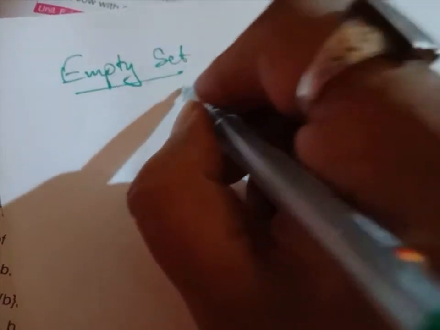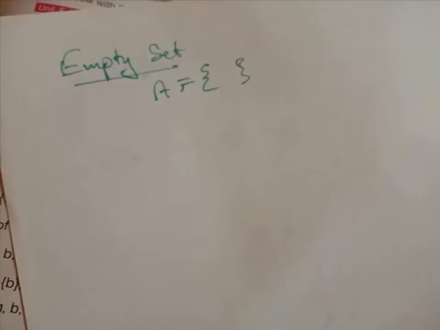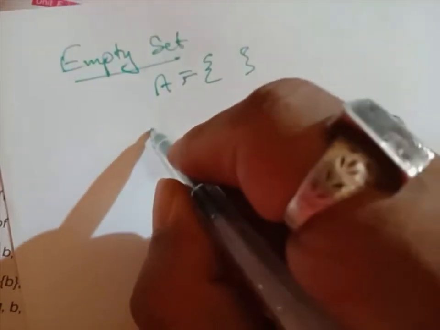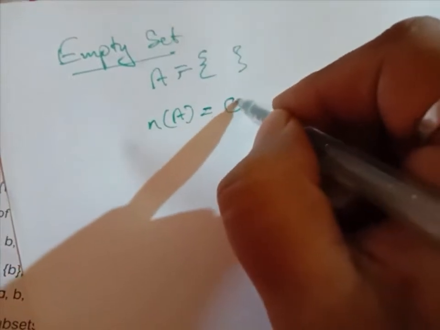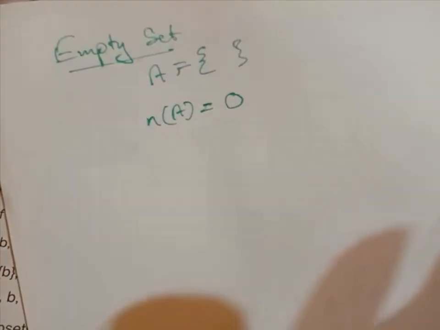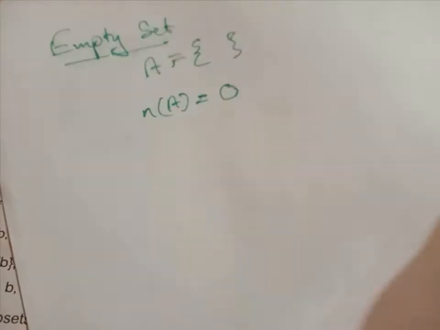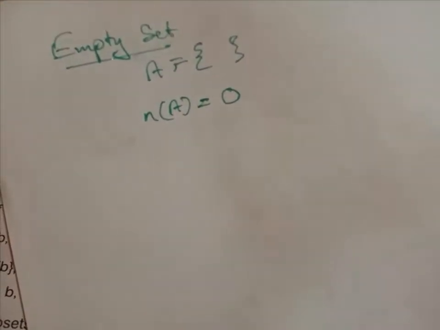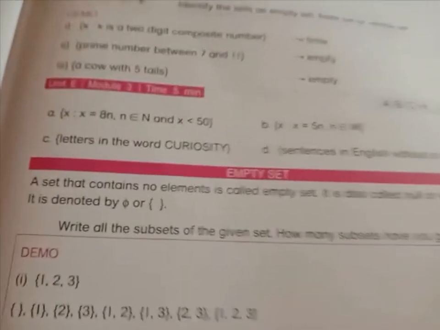So if A is equal to this, that means A is an empty set and the number of elements of the set A will be 0. That means 0 elements are there in the set A. So any set which doesn't contain any element will be an empty set. Now let us look at the questions.